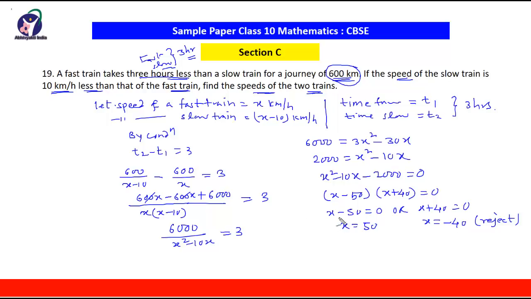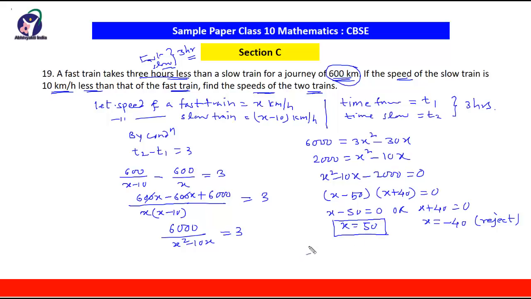So the speed of the fast train will be equal to 50 km per hour. Now you have got x as 50, so it is 50 km per hour. Highlight this step because this is a very important step. Therefore x is 50, and the speed of the smaller train will be 10 km per hour less, so it will be 40.